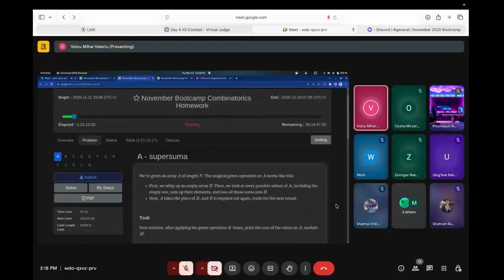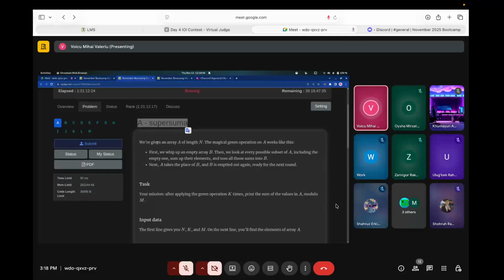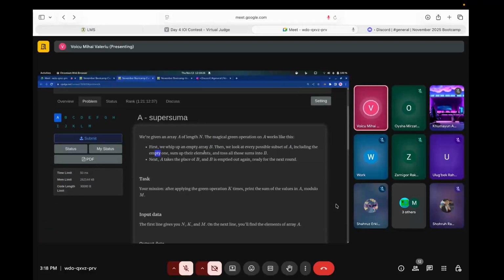I'd like now to talk about problem A, which says a lot of things, but they're mostly irrelevant. They say that we consider an array A, we construct an array B formed by the sum of all the subsets in A, including the empty one, but that's very irrelevant.